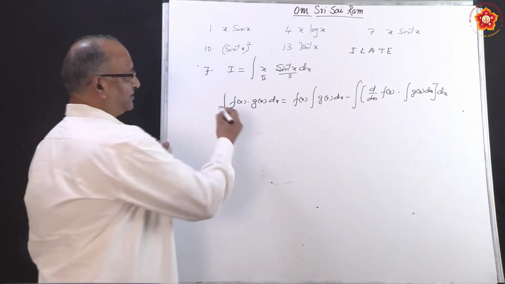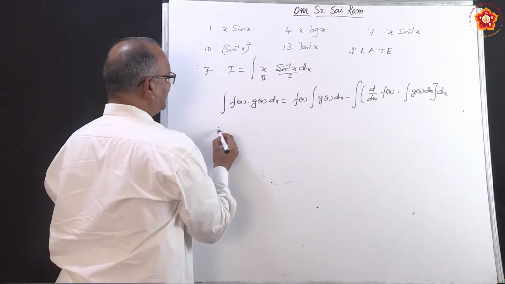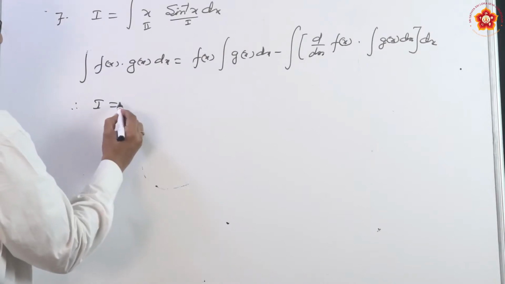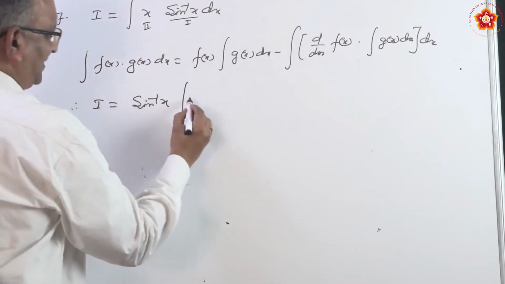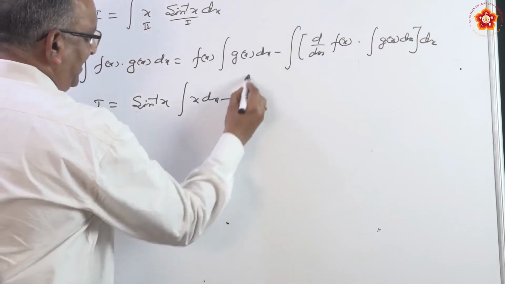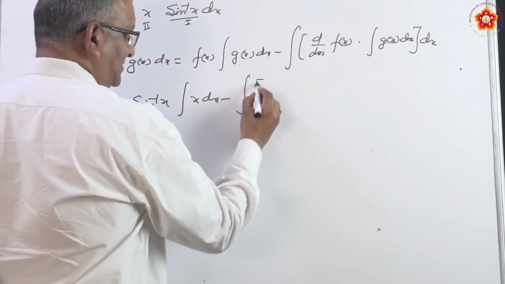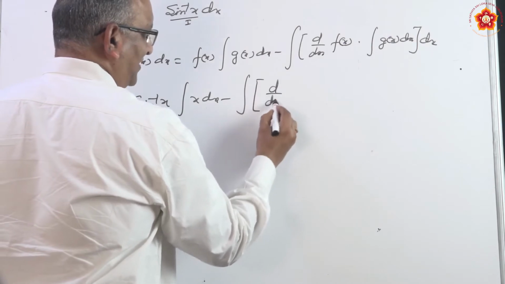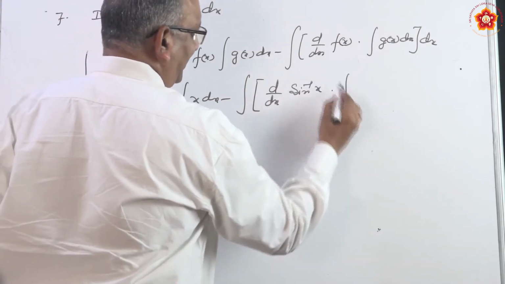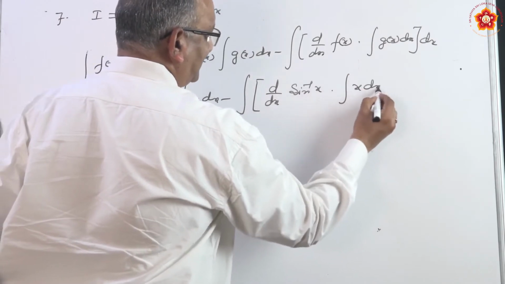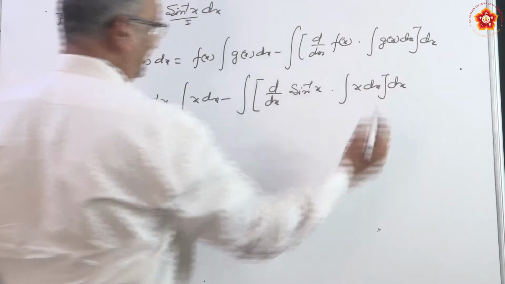So, apply that, use this formula, hence I can be written as first function, that is sine inverse x, integral of second, minus integral of within brackets derivative of first, that is sine inverse x, into integral of second, that is x dx whole integral.